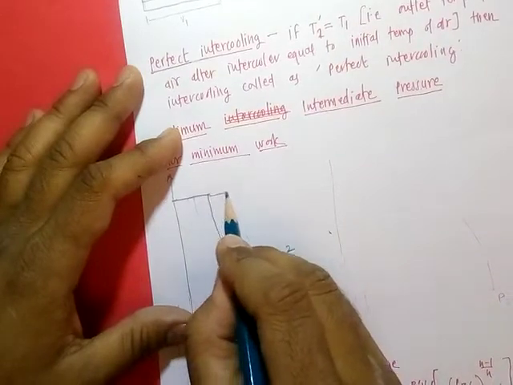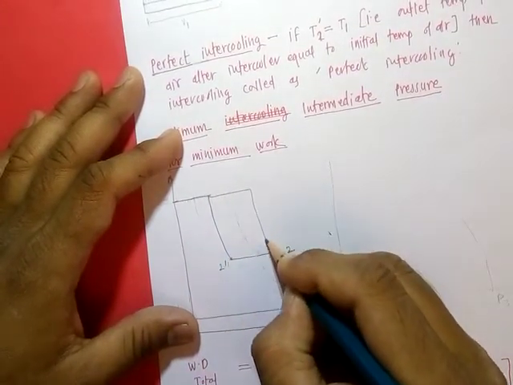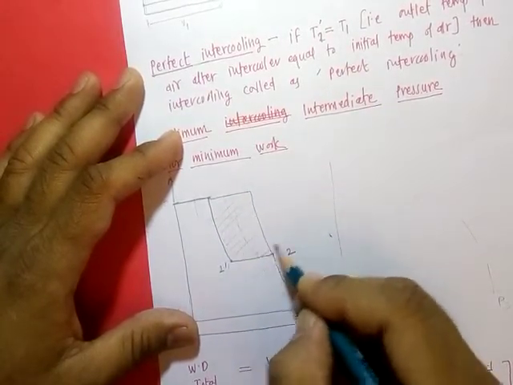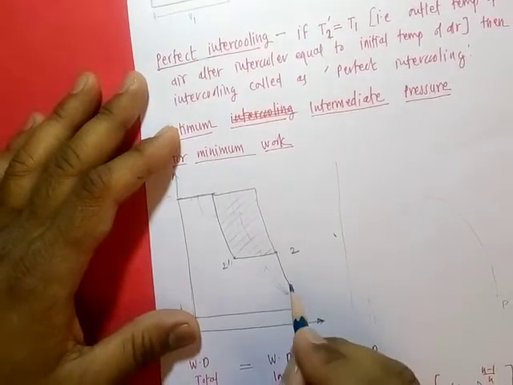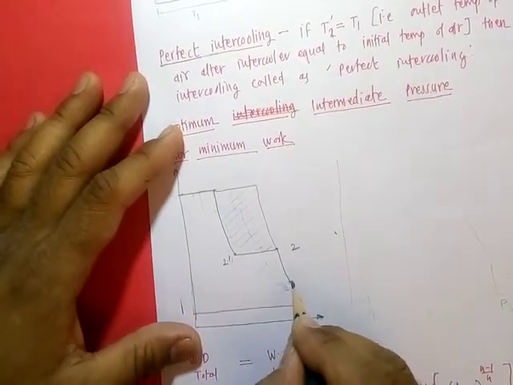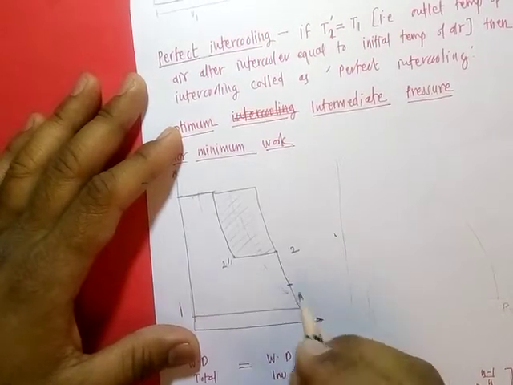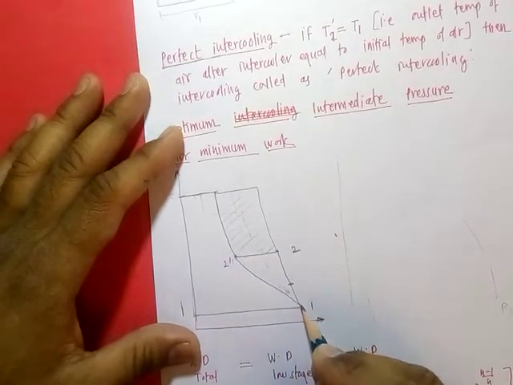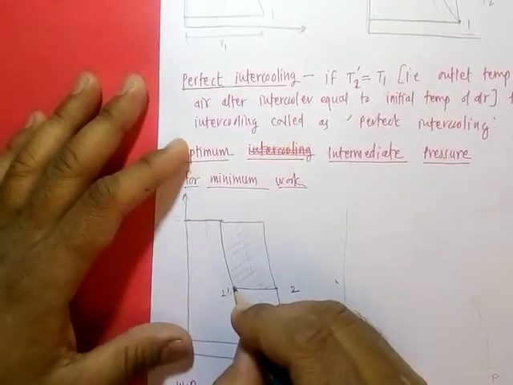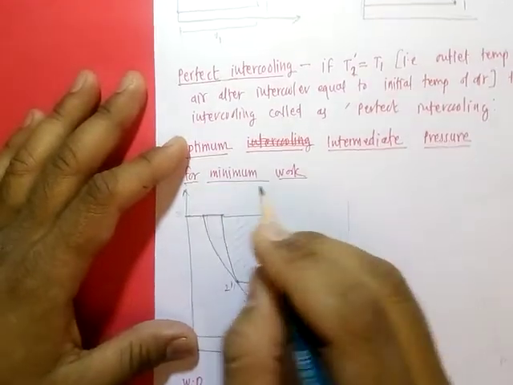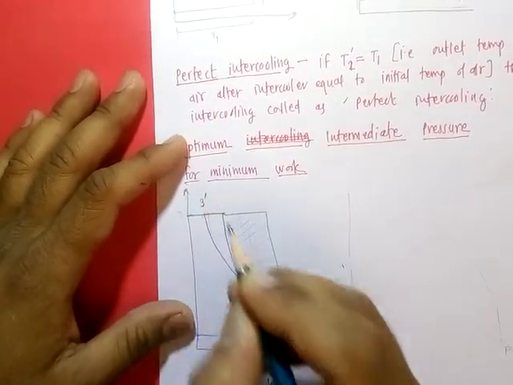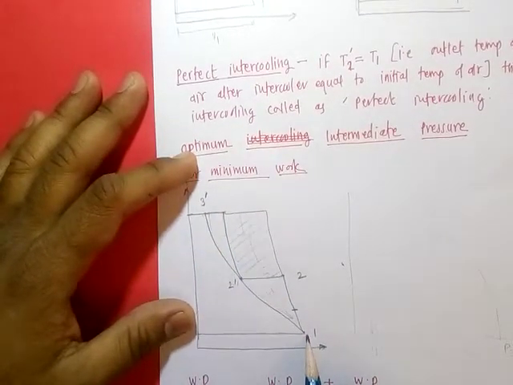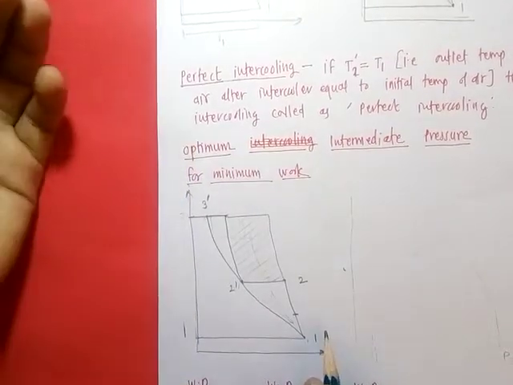So the amount of work saving here is this much area. That is in the first case. Now suppose our intermediate pressure is reduced to some value here, and we join T1 point then T2 point, then this process represents the intercooler, and if we join this line up to high pressure, then 3 dash will represent this. The path 3 2 dash 1 represents the isothermal process here.